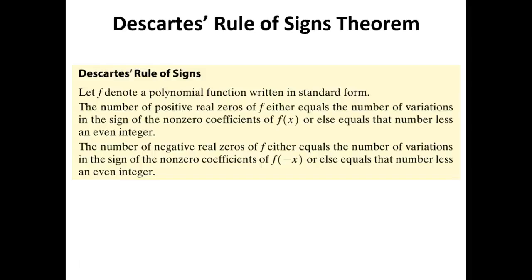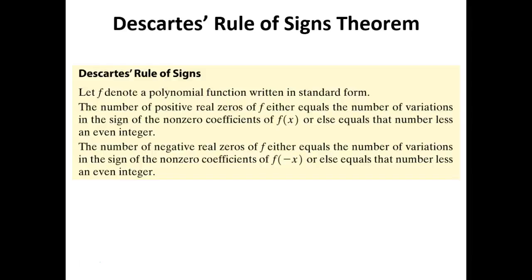So if we put the polynomial into standard form, that's where the exponents on the variables are descending, then the number of positive real zeros of f either equals the number of variations in the sign, how many times the sign is changing, or that number less even integers. The number of negative real zeros is either equal to the number of variations in f of negative x, or that number less an even integer.